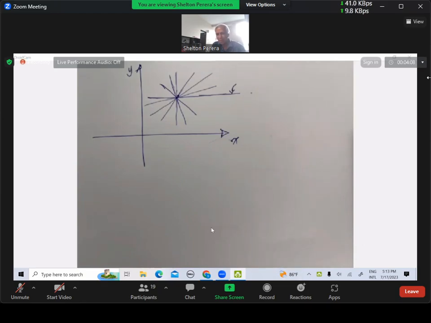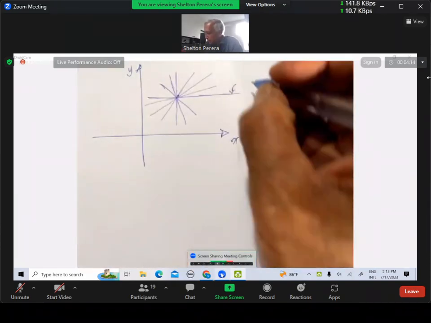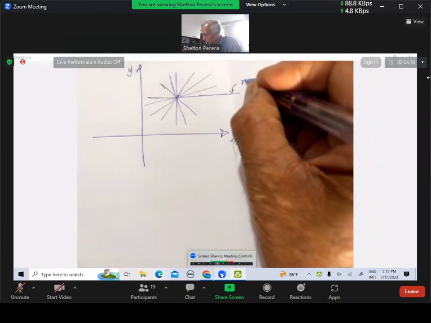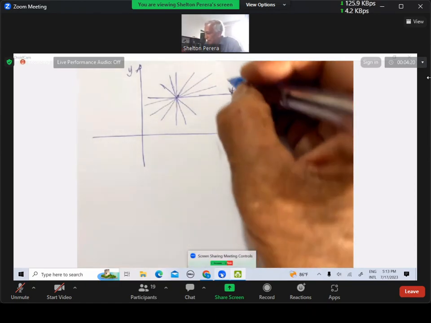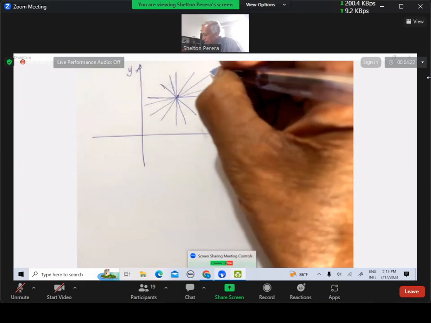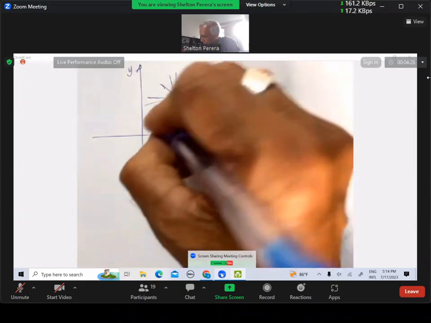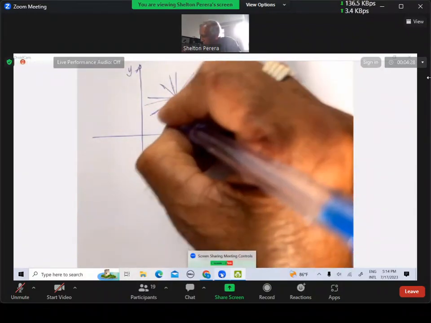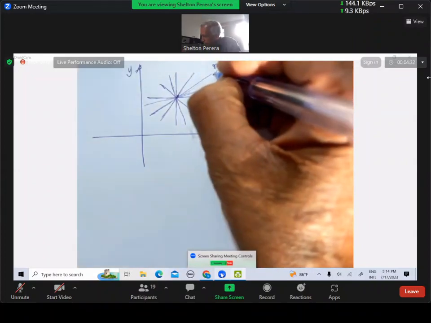Yes. Look at these lines. This is a horizontal line. So slope is equal to 0 for that line. So these lines, M is greater than 0, rising lines. M is positive for these lines.